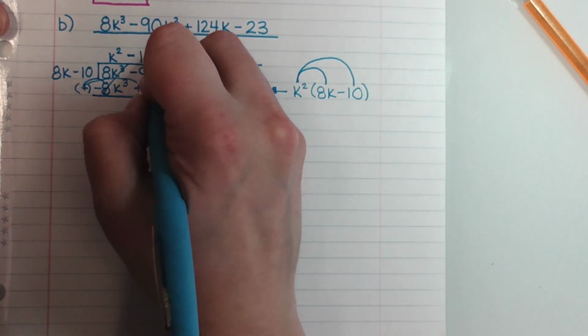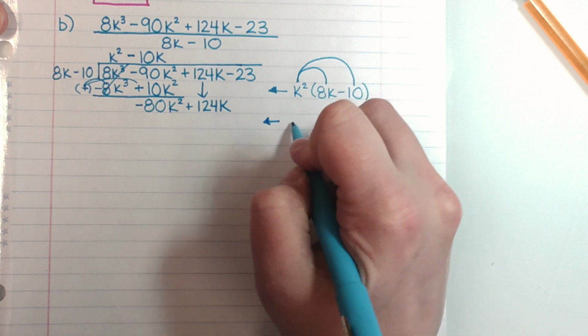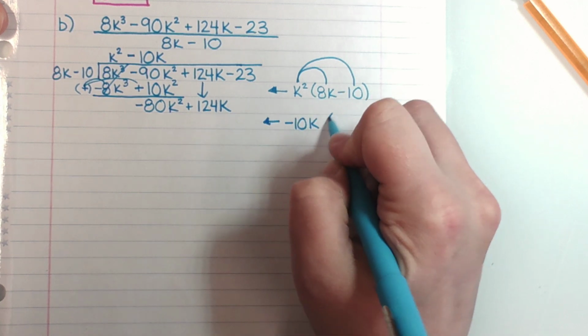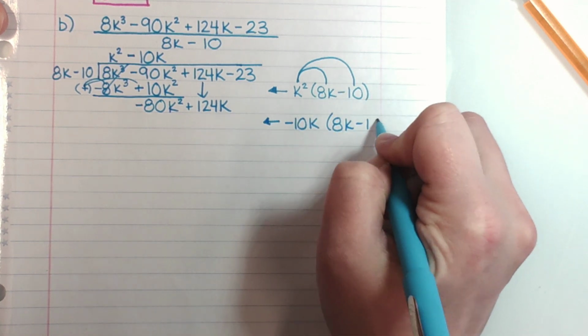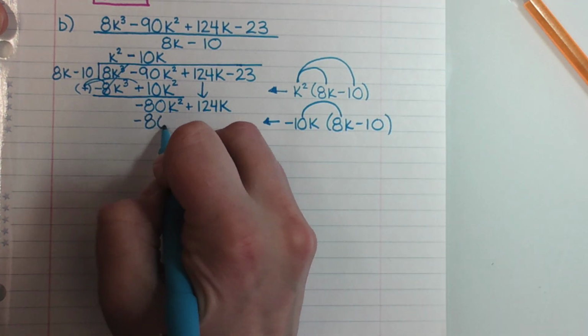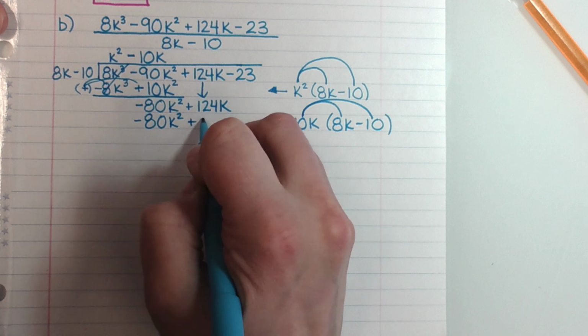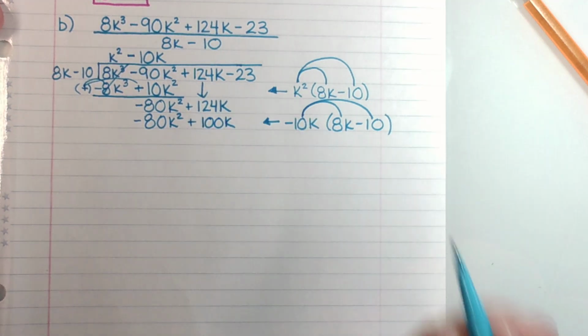Negative 10k. And off to the side I multiply it. Negative 10k getting multiplied by 8k minus 10. Negative 80k squared, positive 100k.